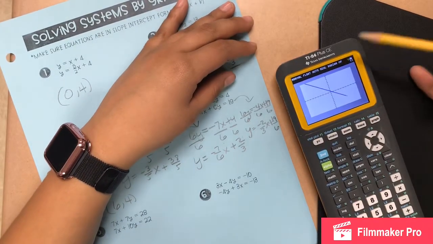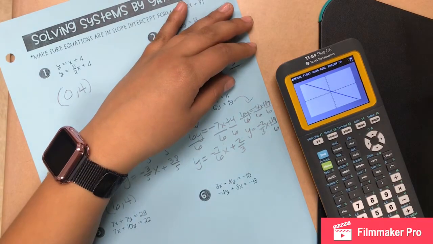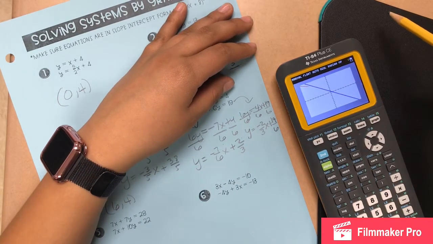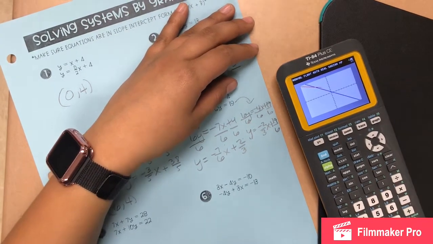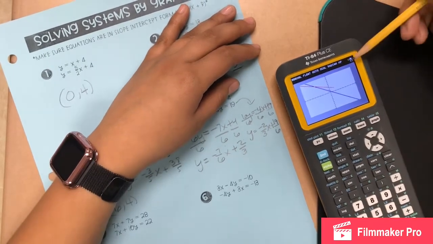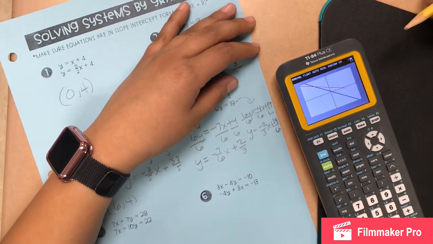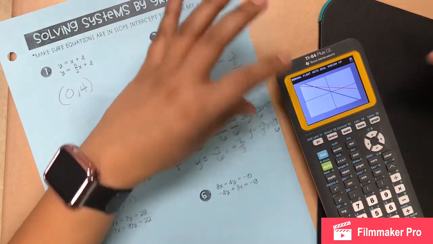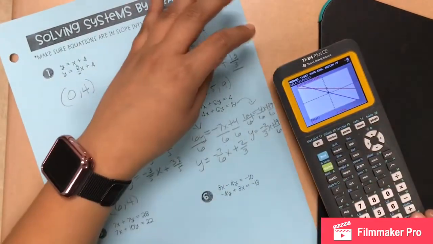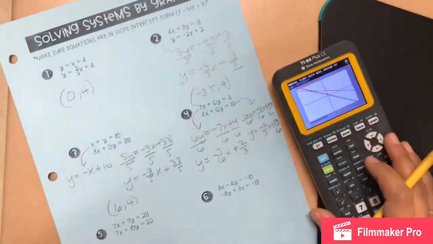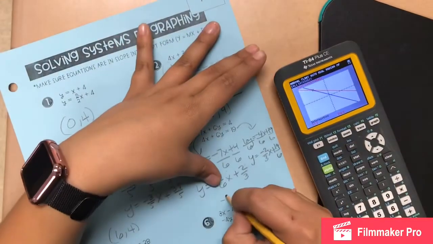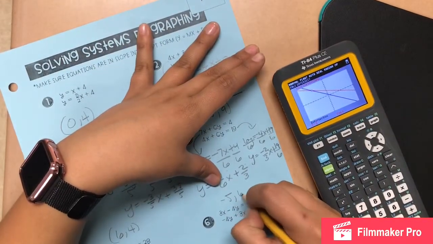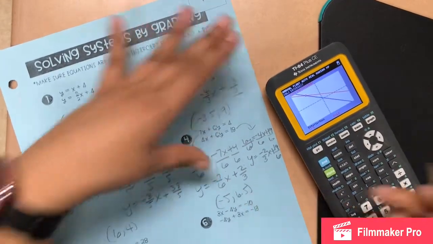Give it some time. Sometimes it does take a little longer. This one I can see the intersection, so once it's done loading, given by the circle at the top of your screen, I can do second trace 5, enter, enter, enter when I see the word intersection. My answer does come out to a decimal: (-5, 6.5) is my solution.